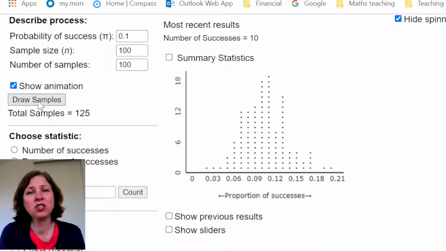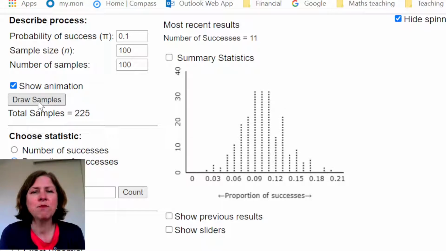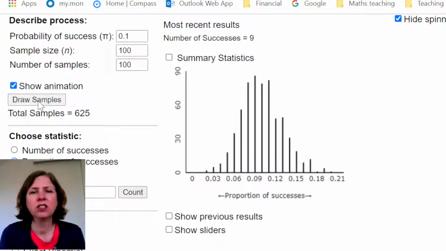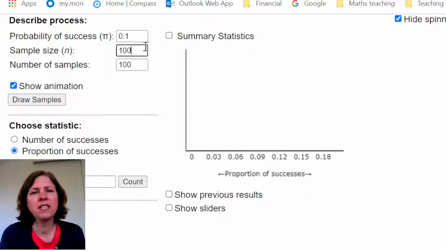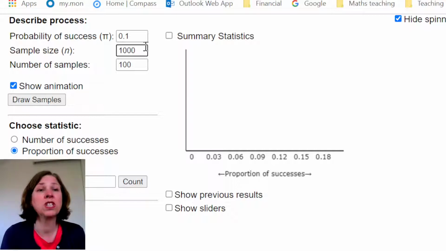100 samples is still not enough for it to really resemble my normal distribution. But if I keep going, let's take another 100, another 100, another 100, and so on. Okay. Let's reset. What about if instead of 100, my sample size was 1,000?